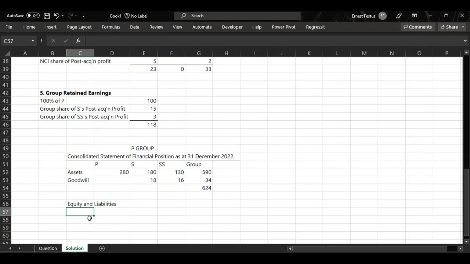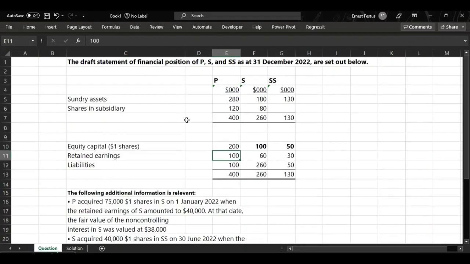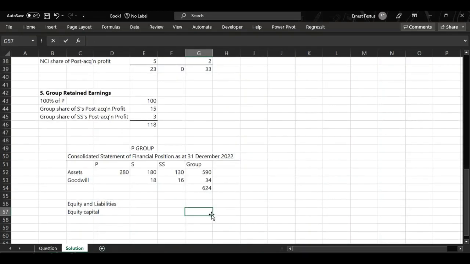Equity and liabilities. So with our equity and liabilities, we have the equity capital. For that, we pick only that of the parents. Only that of the parents. So that is 200 right here. So we can just write 200 there.